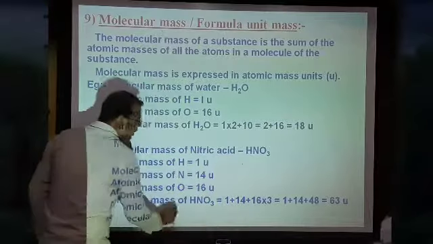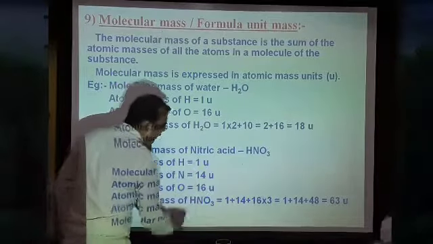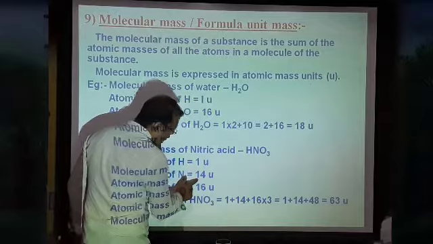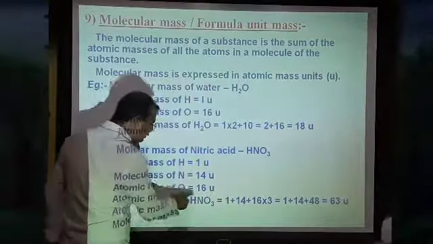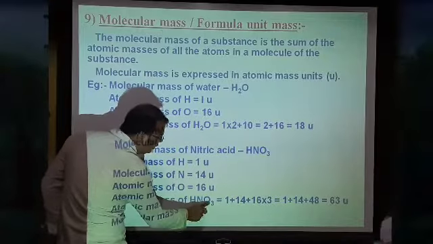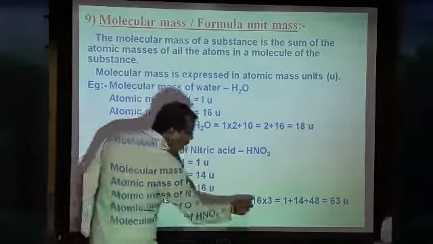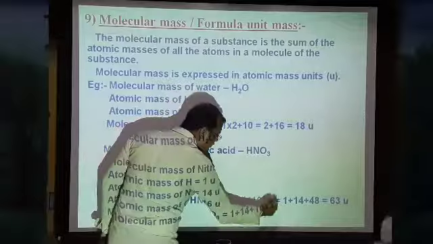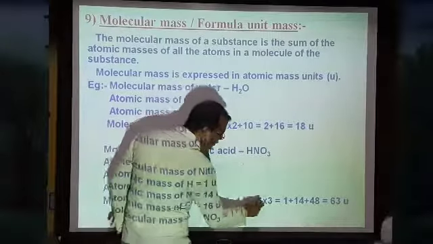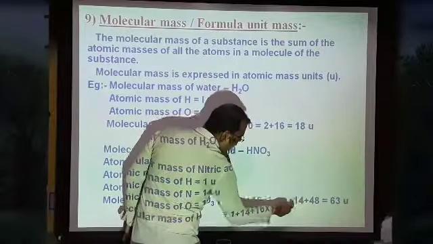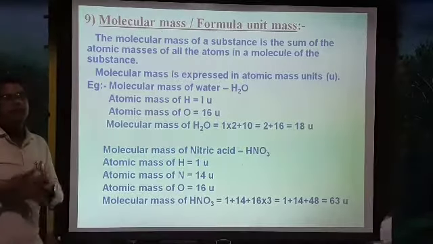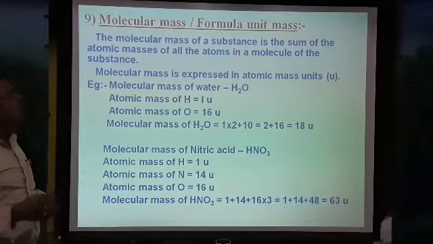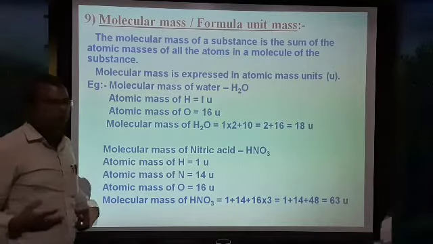Atomic mass of oxygen is 16 units. So we add 1 plus 14, that is 15. But here there are 3 oxygen atoms, so we need to multiply 16 into 3, which is 48. 48 plus 15 is 63 units. In this way we need to find the molecular mass of different compounds or molecules.